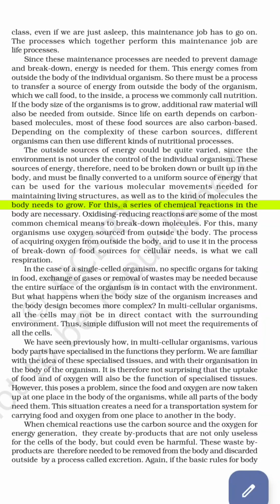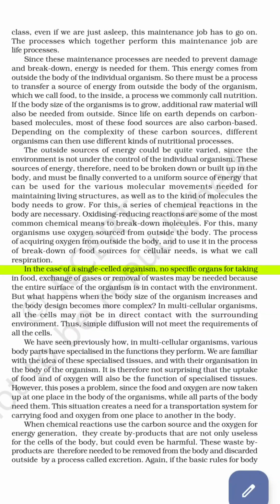For this, a series of chemical reactions in the body are necessary. Oxidizing and reducing reactions are some of the most common chemical means to break down molecules. For this, many organisms use oxygen sourced from outside the body. The process of acquiring oxygen from outside the body and using it in the breakdown of food sources for cellular needs is what we call respiration.